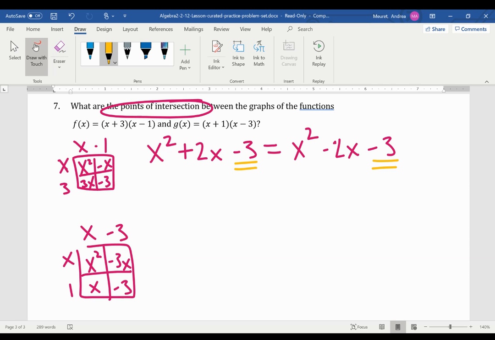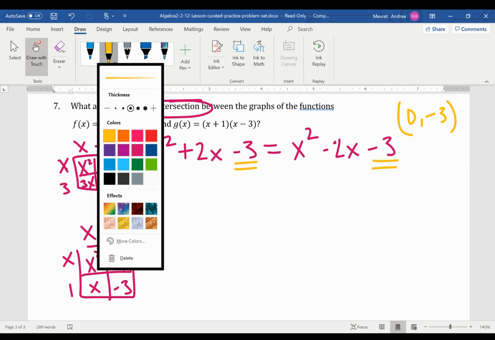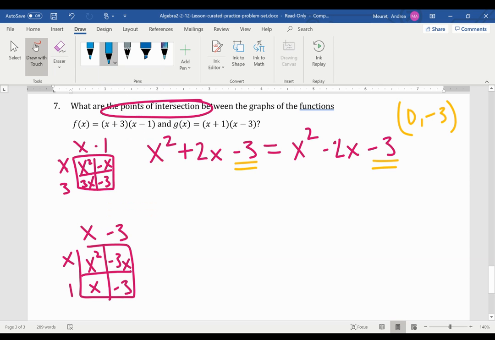The y-intercept is when x is 0. So for both of these functions, when x is 0, y is negative 3. So I know that's one solution. Not quite sure if it's the only one, but I'll continue solving and figure it out.